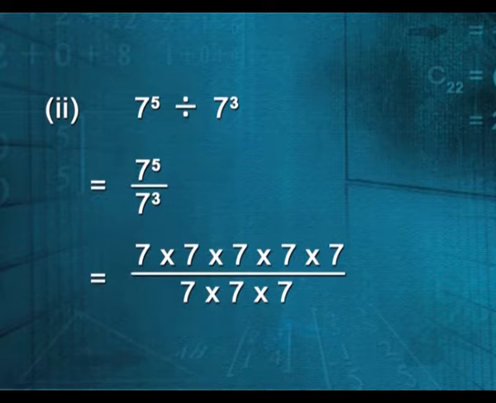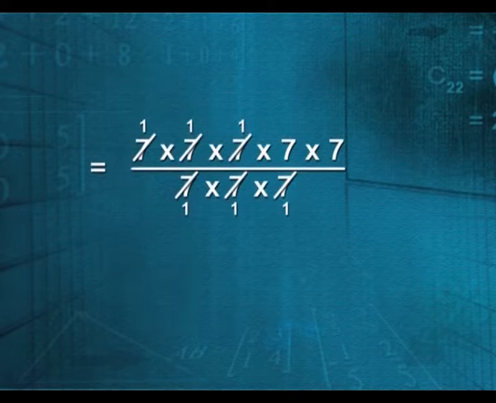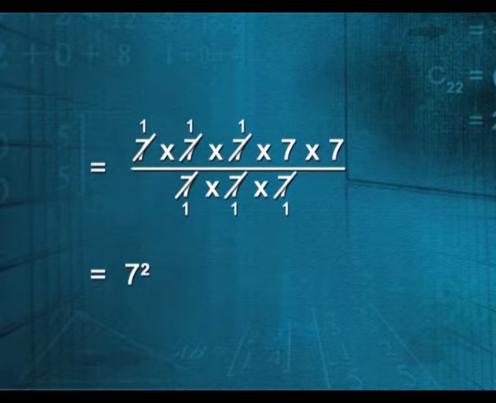In the denominator you have 7 multiplied 3 times, and on simplification the three 7s in the numerator will be cancelled out with the three 7s in the denominator, and you will be left with 7 into 7 or 7 square.